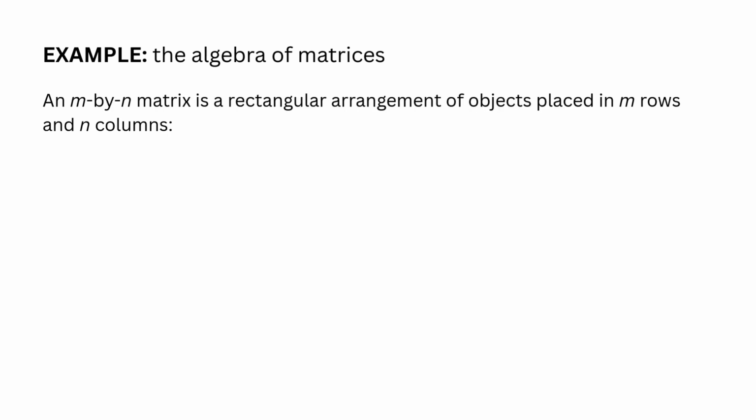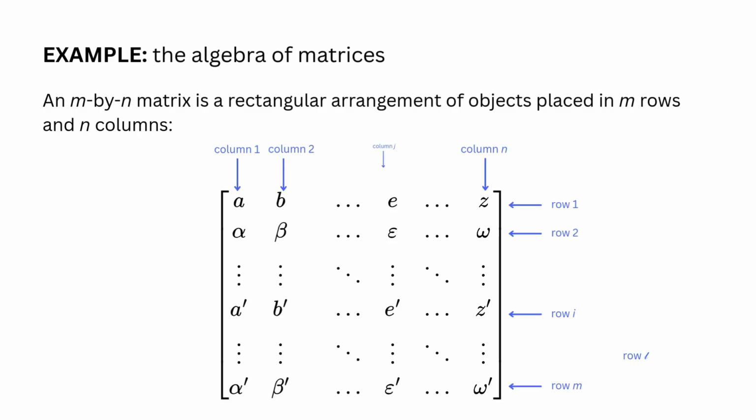An m by n matrix is a rectangular arrangement of objects placed in m rows and n columns. Symbolically, we indicate a matrix by a boldface letter or by enclosing the entire arrangement of the objects inside square brackets, as shown on screen. We call the objects of a matrix the elements of the matrix.